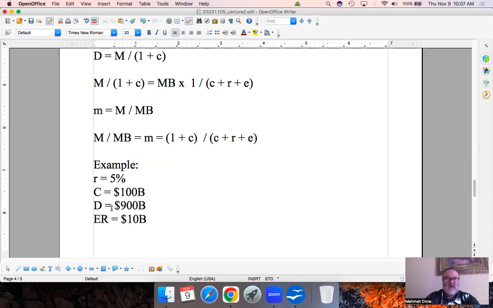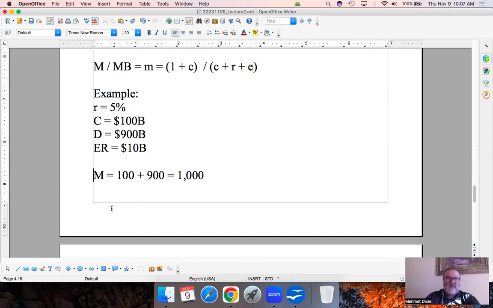So how do we calculate the money multiplier, right? First of all, we need the money, and that's C plus the deposits D. So the currency is 100 plus 900, that's 1,000 billion.